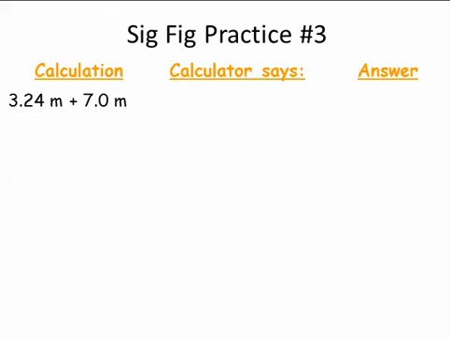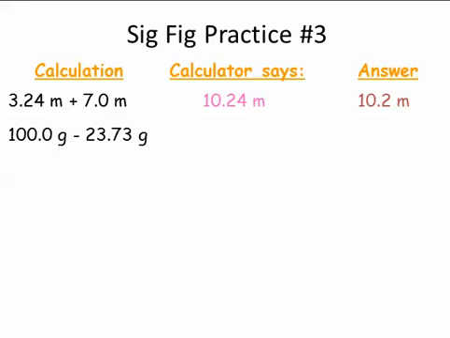Here's another example. So you get the calculator, 10.24. 2 numbers to the right, 1 number to the right, so we got to round it off to the 10th position here. That's a 4, so it stays as 10.2. Subtraction, 100 minus 23.73. This has 1 number to the right, this has 2, so we got to round it off to one place past the decimal point. That's a 7, so this becomes 76.3.